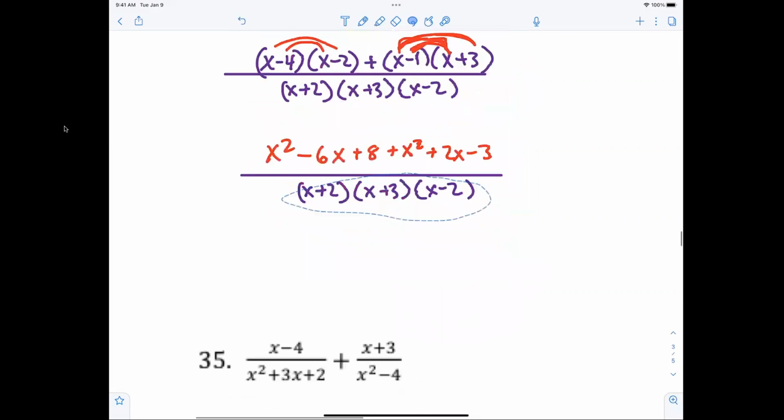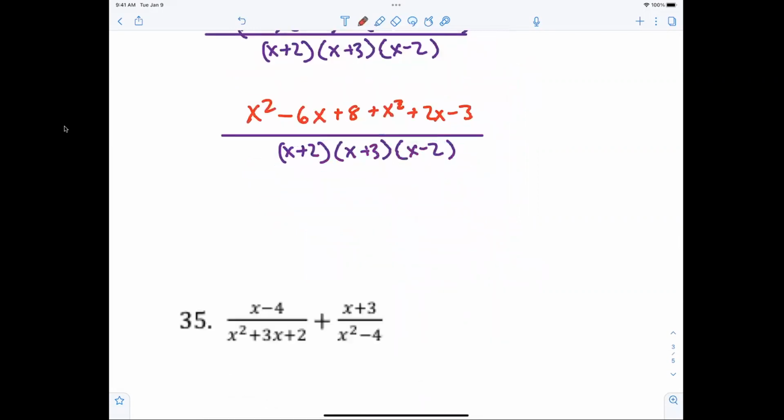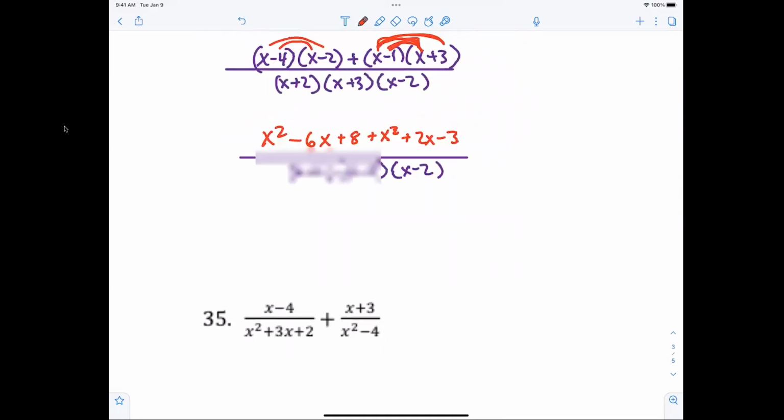Now I just have to combine terms. X squared and X squared. Wait a minute. Claudia, are you trying to say something? What's X squared plus X squared? 2X squared. Thank you. Amazing. Now, what about the X's? Plus 4, minus 4, negative 4X.